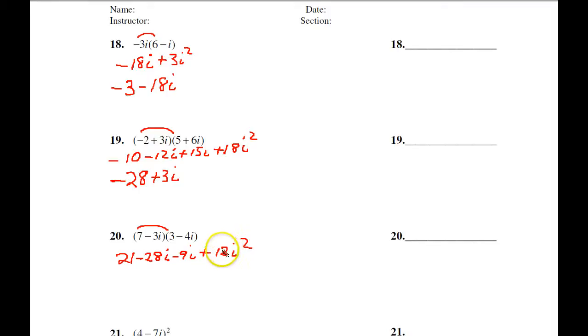So, for this one, this will leave me with a 9 all by itself minus 37i. And that's in standard form. Again, this i squared, never leave an i squared. i squared is negative 1, so the sign reverses usually.